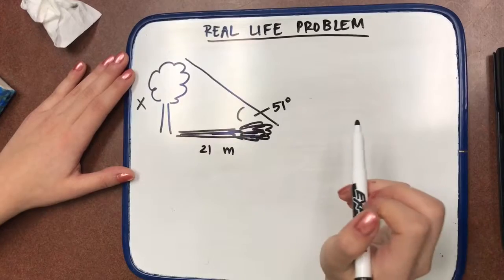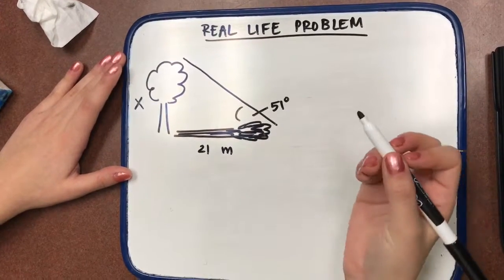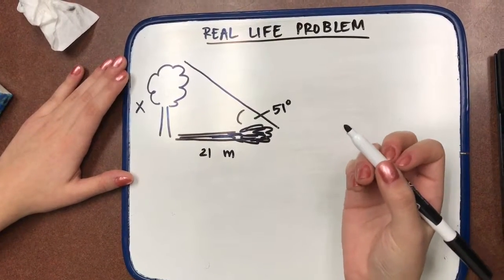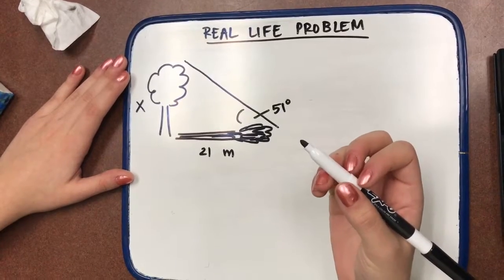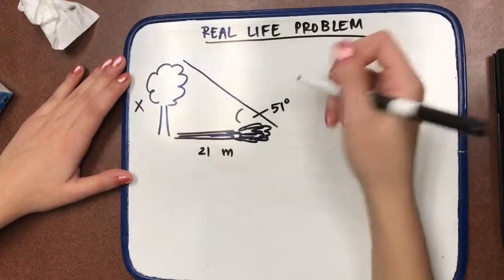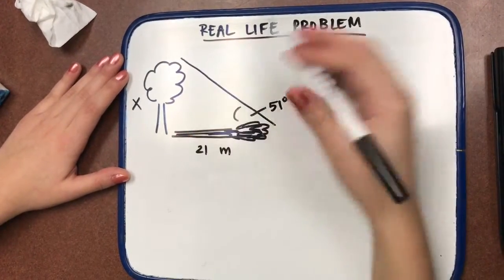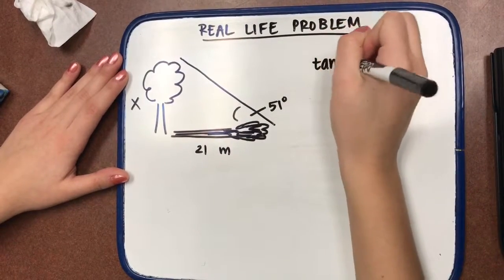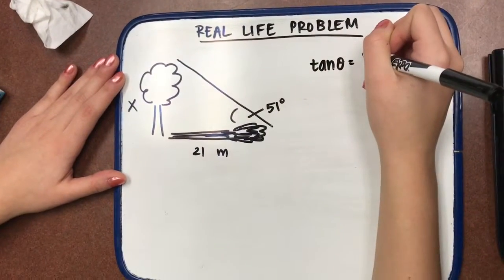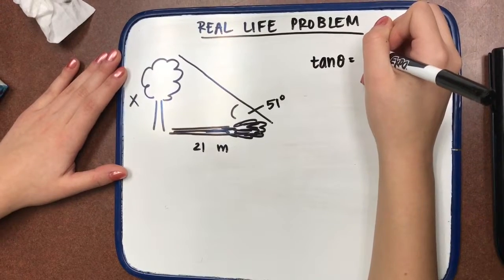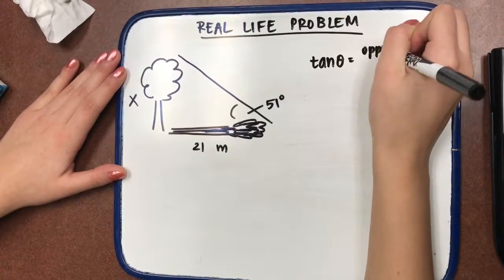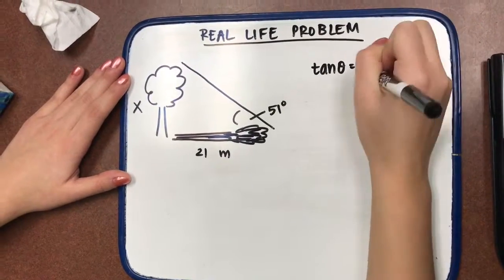Our x would be the height of the tree, and we have to use tangent because x is opposite the angle and the shadow is adjacent, so tangent equals opposite over adjacent.